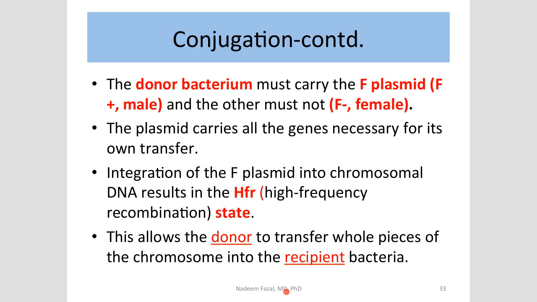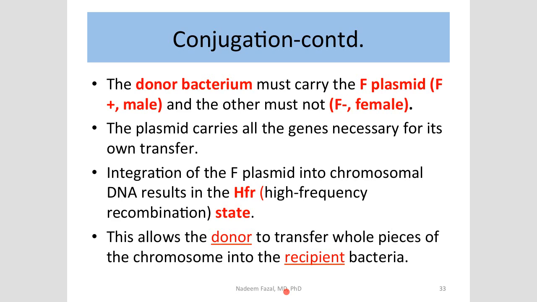It's just like human beings, where you have sperm and egg, and the genetic material is split half and half. The same thing happens in bacteria. So when a recipient bacterium takes the positive plasmid from the donor male, it goes through a state we call the high frequency recombination state, right?